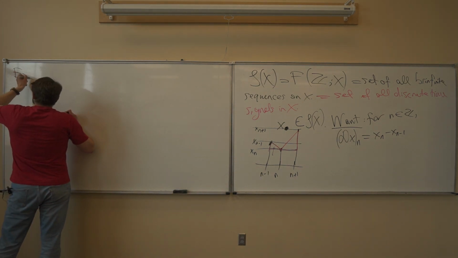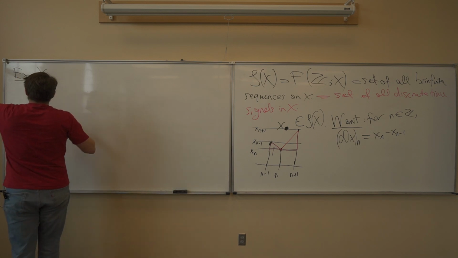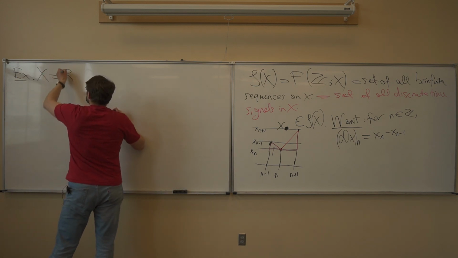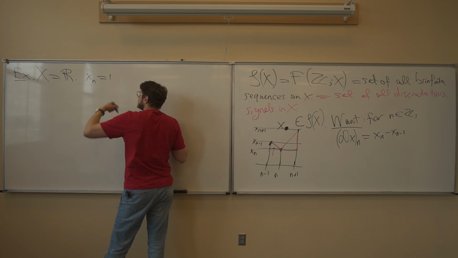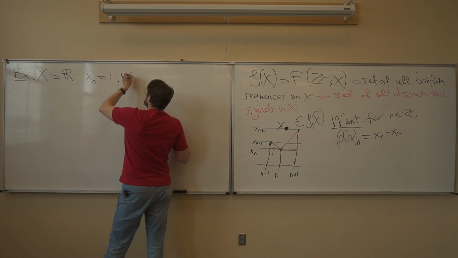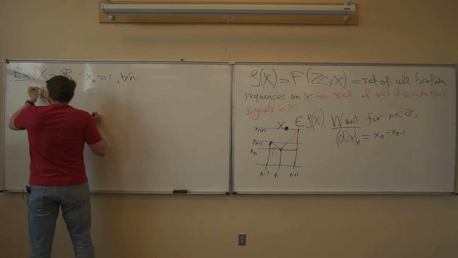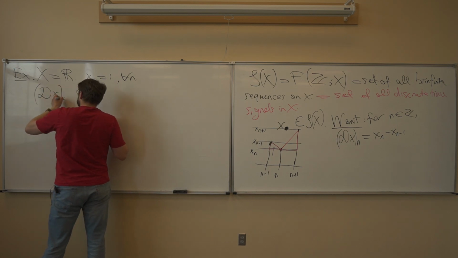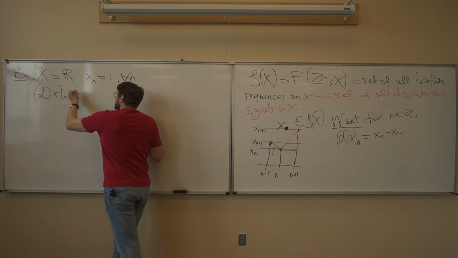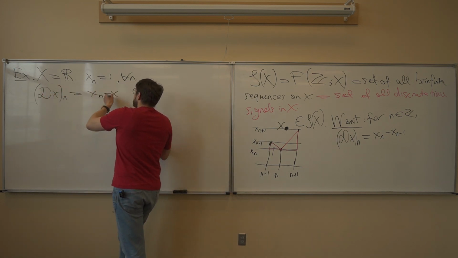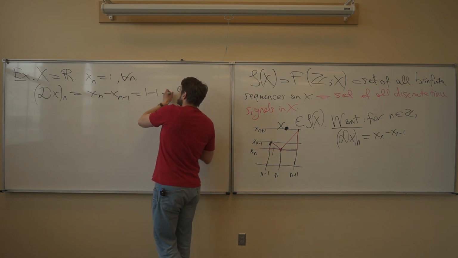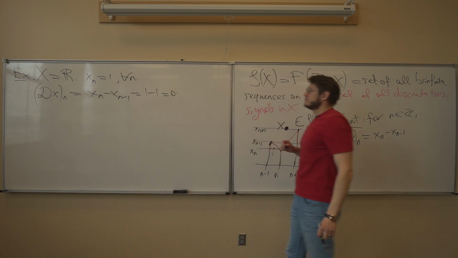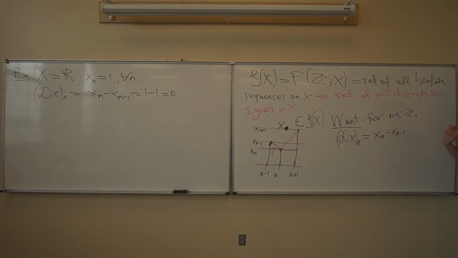So for instance, if I were to say that capital X is just the reals, and then let's say that x sub n is 1, a constant sequence for any n, then its derivative at any input is x sub n minus x sub n minus 1, but both of these are defined as 1. So the derivative is 0. If I have a constant sequence, the derivative is 0.